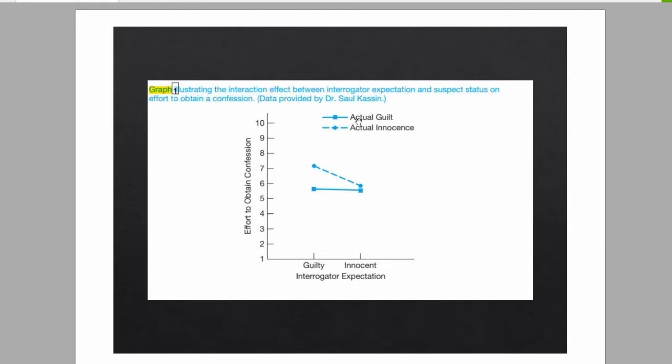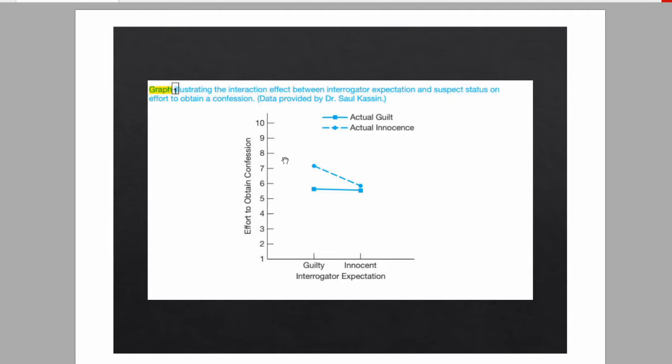When they're actually guilty, the effort to obtain a confession doesn't change whether the interrogator expectation is guilty or innocent. But when the person's innocent, you can see quite a bit of difference between a guilty expectation and an innocent expectation. So an innocent person is more likely to have more effort expended, possibly because of the way they're behaving, thinking, I should cooperate because I'm not guilty.